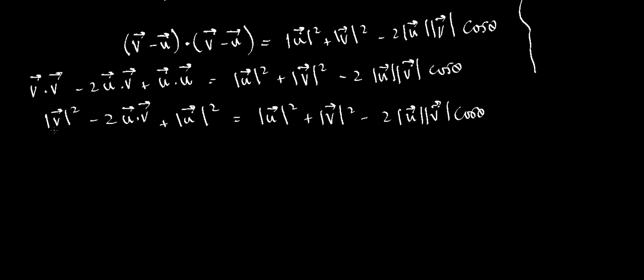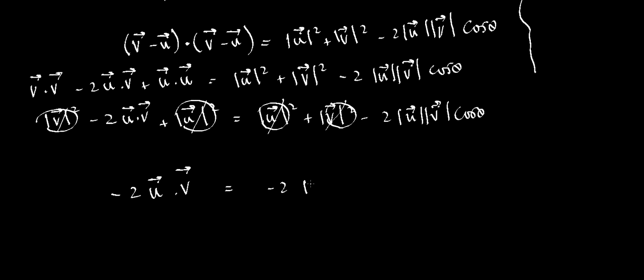Okay, so as you can see, these cancel out over here. These cancel out, and I end up with negative 2 u dot v on the left hand side and negative 2 magnitude of u magnitude of v cosine theta on the right hand side.